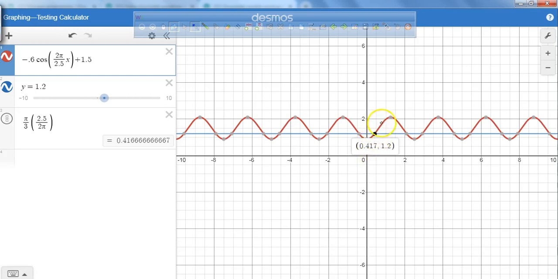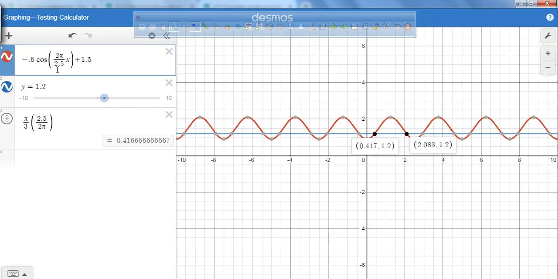Well, where's the second time that Luisa gets to 1.2? The second time is 2.083. Well, how do we get to that second time? Now, this right here is the period, right? So it happens every 2.5 seconds, over and over again.